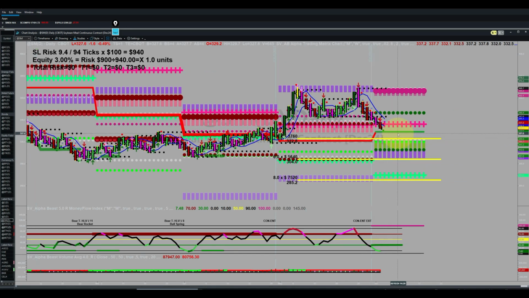But one thing I would like to point out, let me show you this green line right here. Okay, see this green line? It went from being red. This is called the center line. Once this center line changes direction to green, this could send the price back up. But what we have going on for ourselves, we have very heavy resistance here.